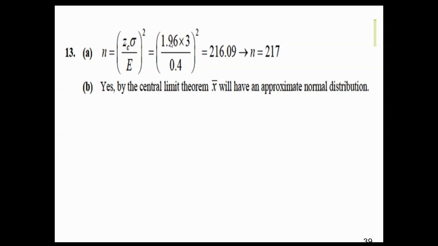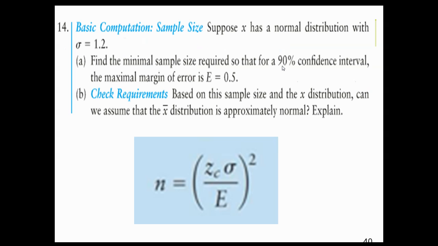I get that off that chart I gave you. I told you that sigma was 3. The error was 0.04. All you've got to do is enter this in your calculator. Make sure you're squaring the quotient. Normally with 0.09 you would round down, but no matter what this is here, because that 9 would make the tenths digit a 1, I'm going to kick it up to 217. The only reason I wouldn't do that is if both these numbers were 0. That's the only time I would not kick it up.